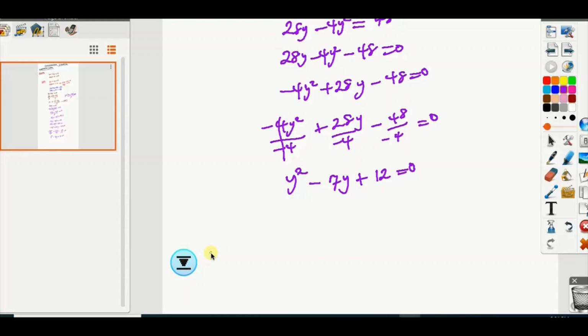Now what we are going to do is multiply the whole thing. So we have y squared minus 7y plus 12, and everything is 0. Now let's multiply this value with this one.